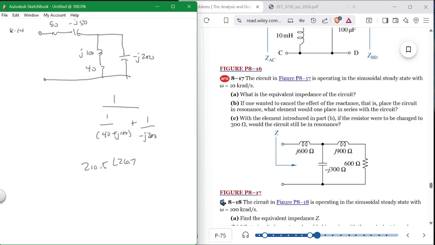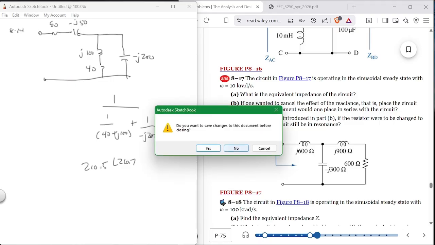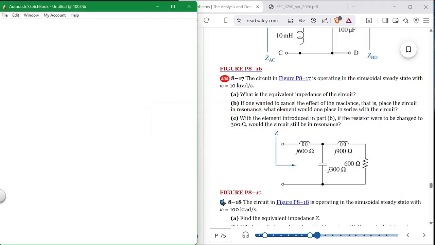And what is the equivalent impedance of this circuit? This is another one, just like the other one. Practice makes perfect, right? So what is the Z of this one?